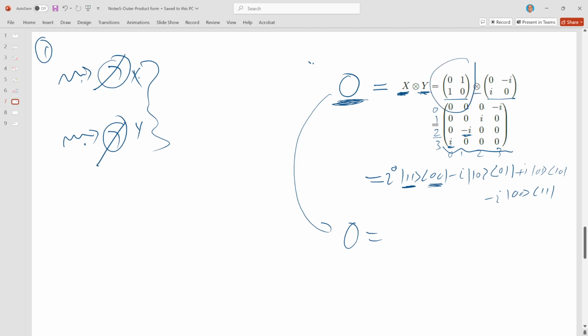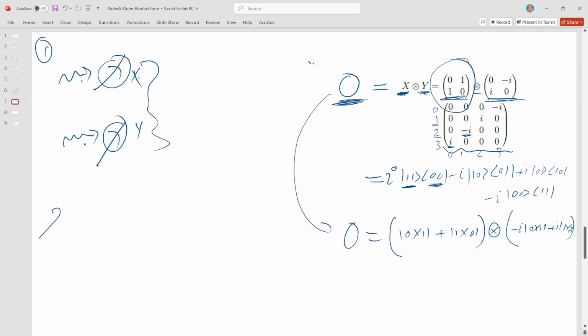So this operator is |0><1| + |1><0|, because this is nothing but the X operator, tensor, and this operator is the Y operator, -i|0><1| + i|1><0|.